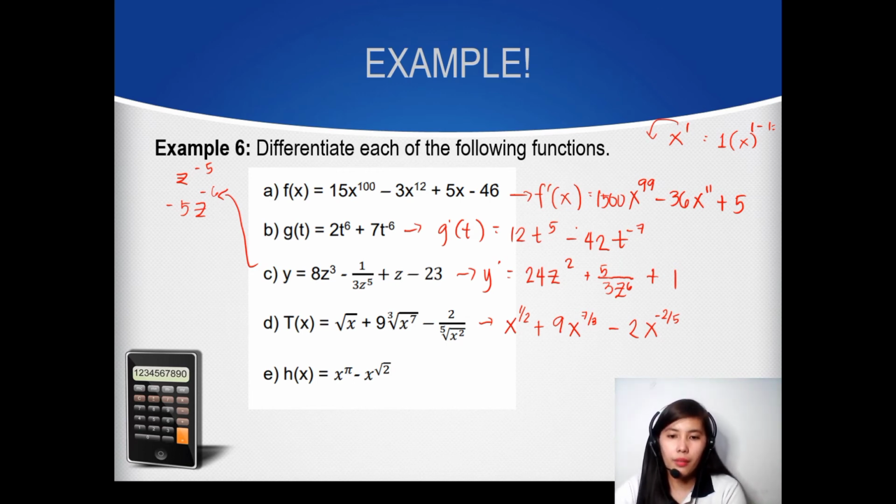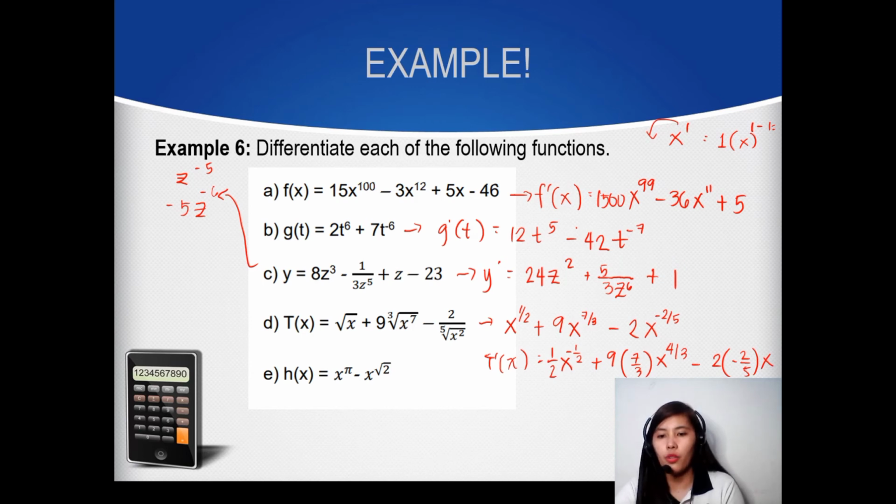Now that it is already in this form, we can have the t prime of x. So this will be 1/2 x raised to 1/2 minus 1 is negative 1/2, plus 9 times 7 over 3 x raised to 7 over 3 minus 1, that is 7 minus 3, 4 over 3, minus 2 times negative 2 over 5 x raised to negative 2/5 minus 1, or negative 2 minus 5, negative 7 over 5.